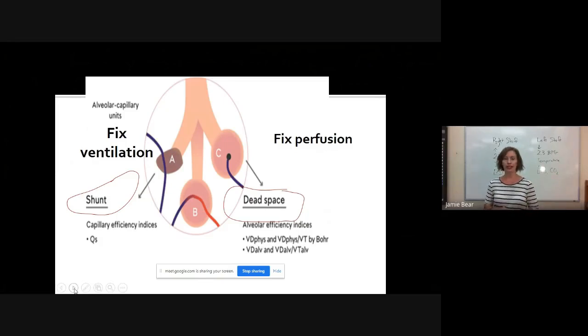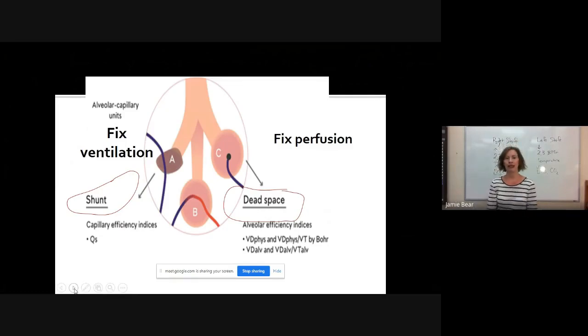So a shunt says, okay, unlike dead space, there is perfusion, but there is not ventilation. So shunt is opposite to dead space. Shunt says there is perfusion, but there isn't ventilation. So we're going to talk about both of those.